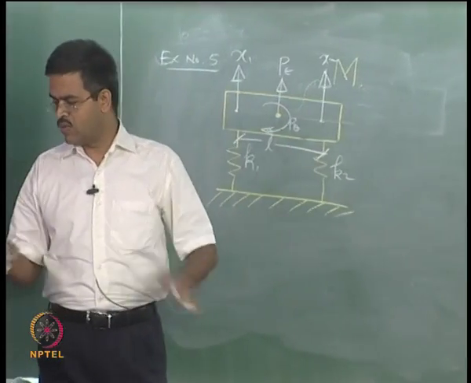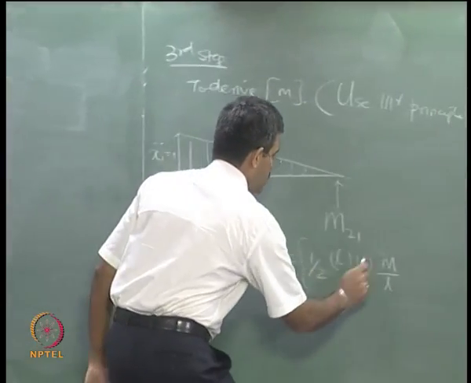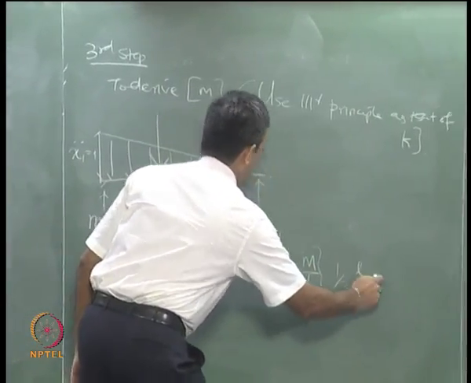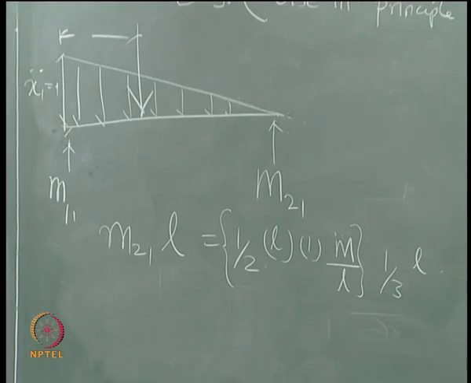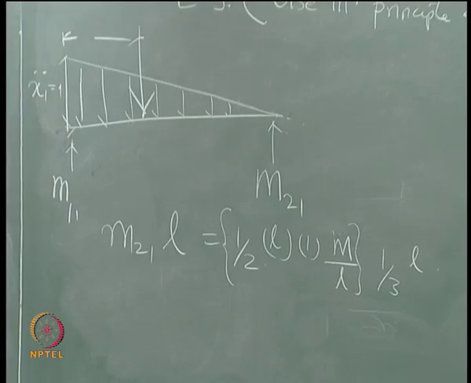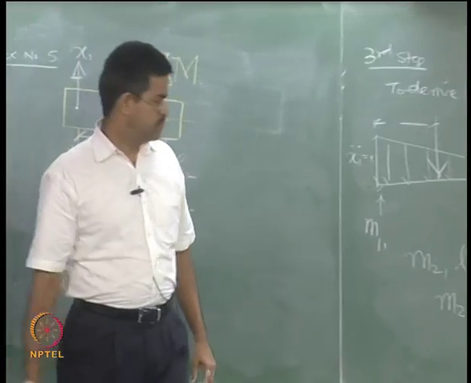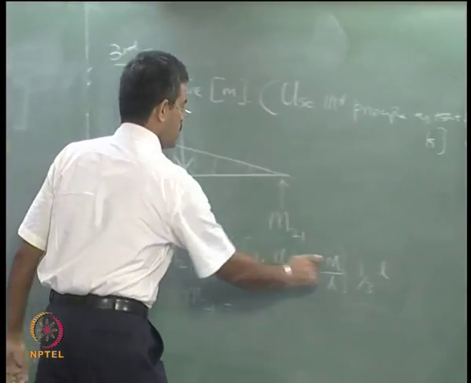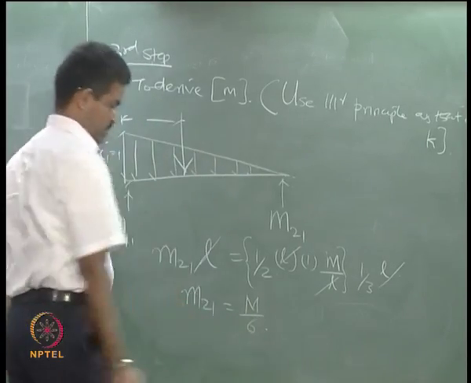M is the total value, is it not? And this is the force, 1/3 of L, that is the CG of this from here. So this will give me M21 as, L goes away, L goes away, is it M by 6?